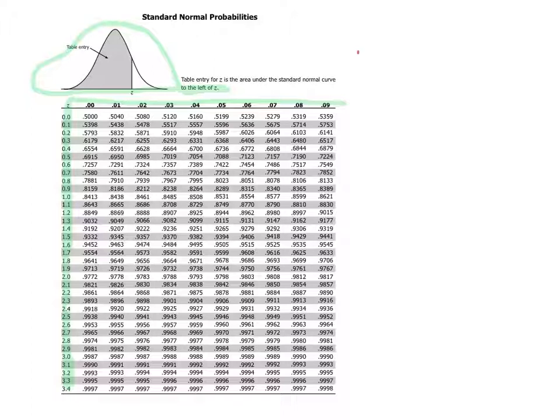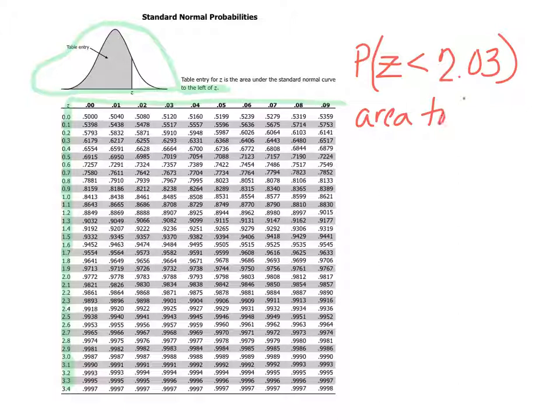You might see it as the probability that z is less than 2.03, or you might see it written as area to the left of 2.03. Area and probability are going to be synonymous.